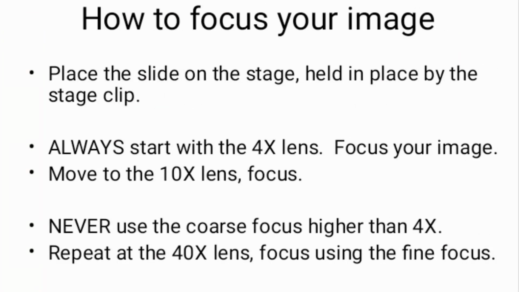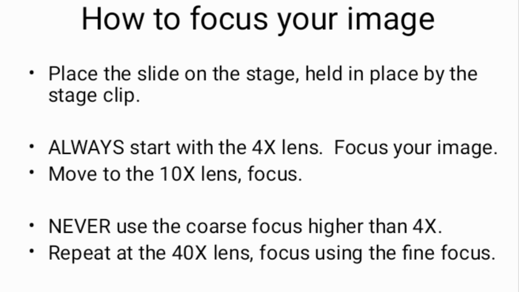Alright, next slide. How to focus your image. Number 1, place the slide on the stage, held in place by the stage clip. Always start with the 4 times lens. This is how to get the focus of your image in microscopy.